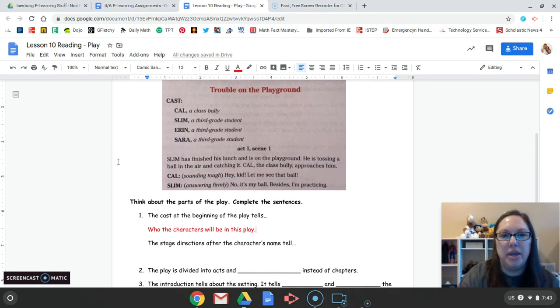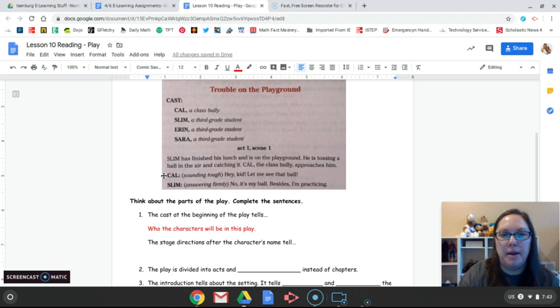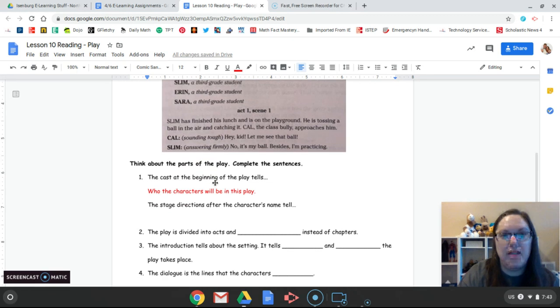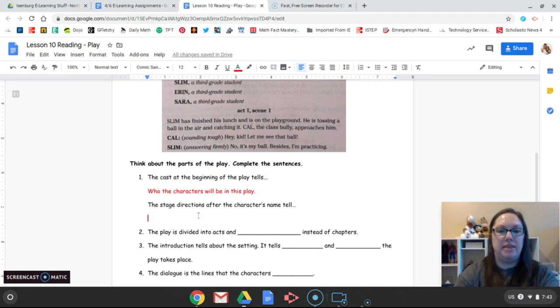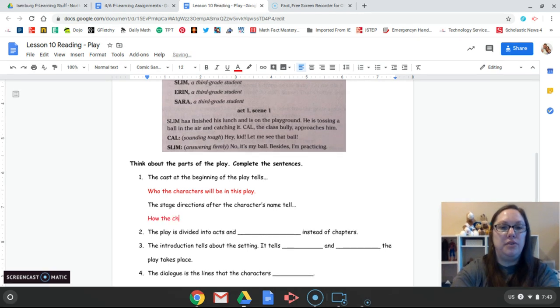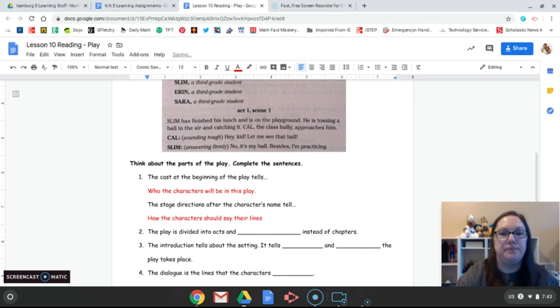So if you look up here, here's Cal, that's the name of the character. And then right after it, the stage directions tell what? It says sounding tough. So that's telling us how the characters are supposed to say their lines. So the stage directions after the characters' names tell how the characters should say their lines.